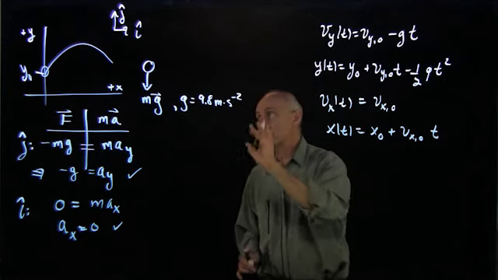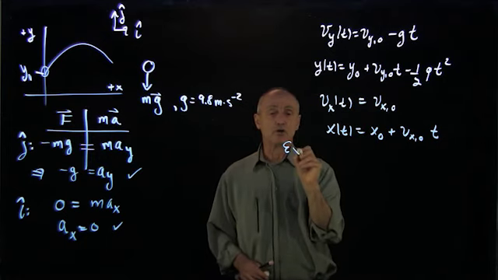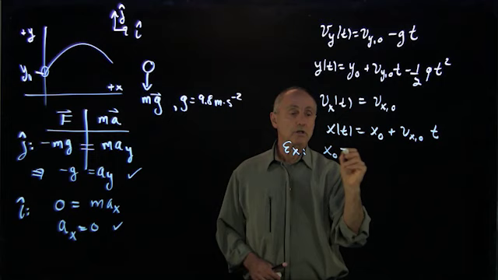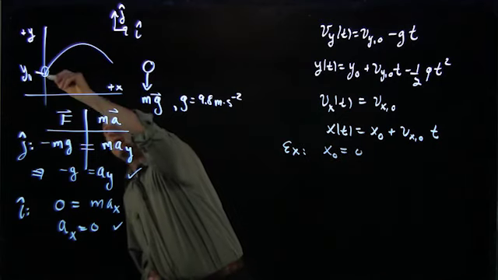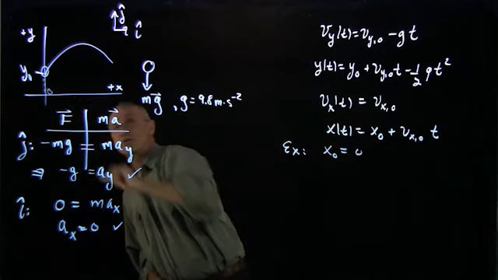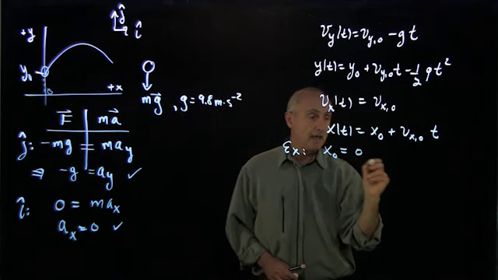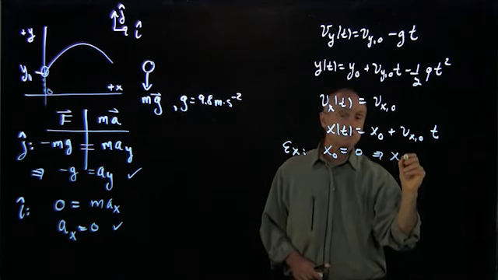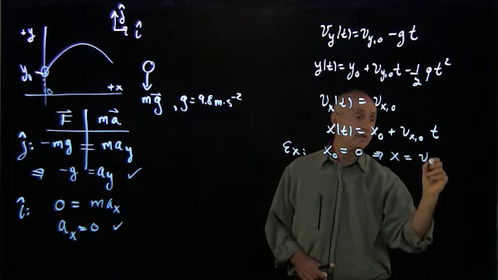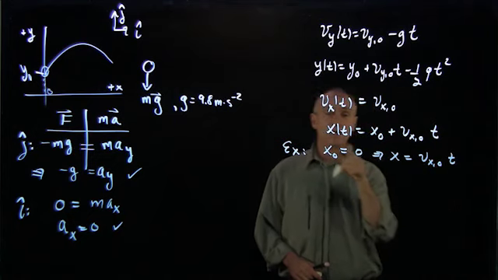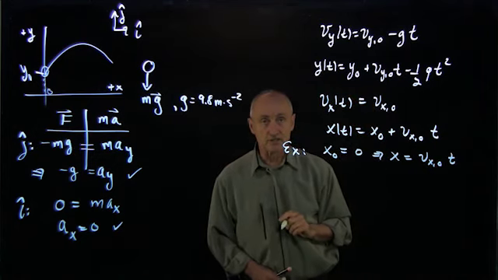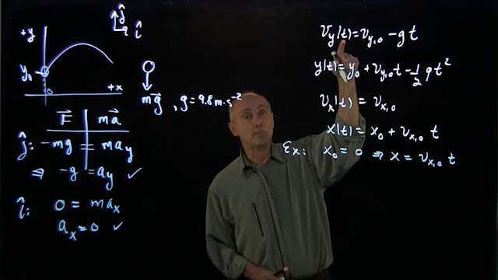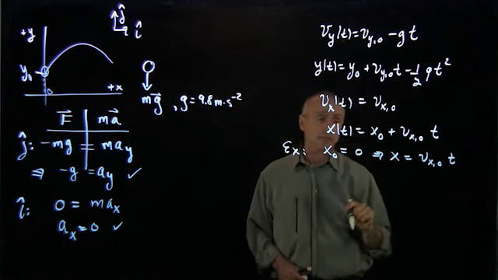Now, for our particular example, it's much easier. Here we have x naught equal to 0. Notice that our object is starting at the origin. And so that tells us that x as a function of time is just vx naught t. I'm dropping the parentheses t. Remember, that's not a product, it's just a function of time.